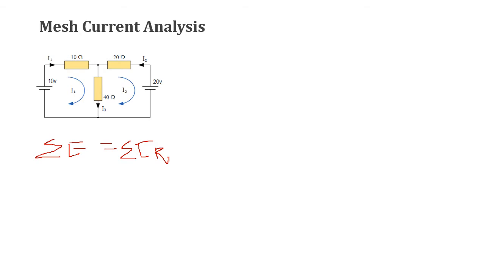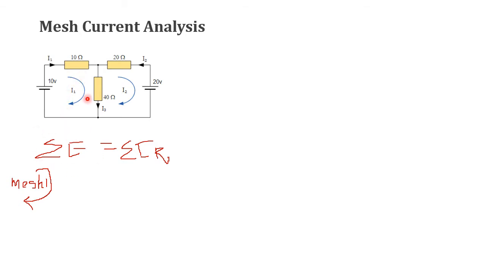For mesh 1, we need to apply the loop equation. This is mesh 1, and the current flowing through mesh 1 is I1.